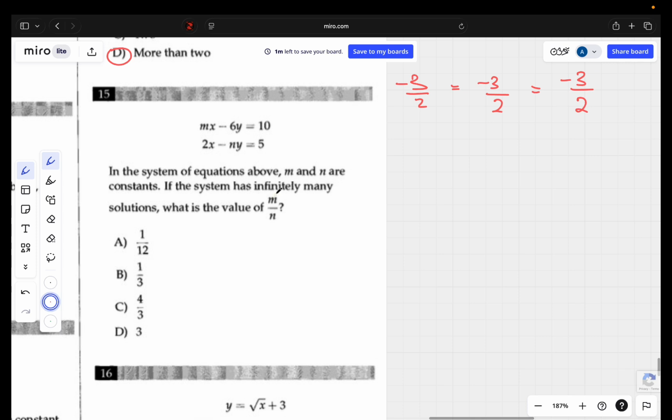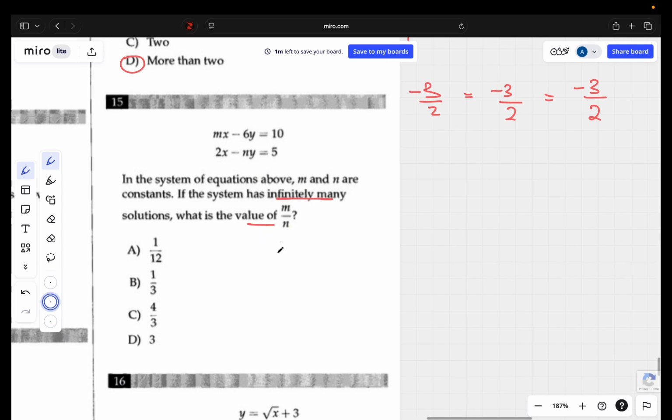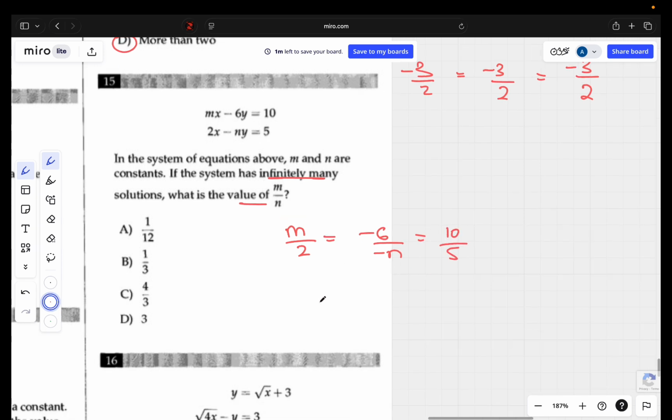Question 15, we have infinitely many solutions. We need to find the value of m over n. If it's infinitely many solutions, we divide it and make everything equal. So minus 6 over negative n is equal to 10 over 5. So if I simplify this, I get m over 2 is equal to 6 over n, the minus signs cancel, and 10 over 5 is 2.